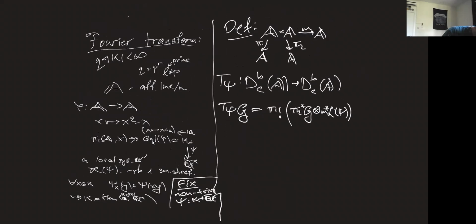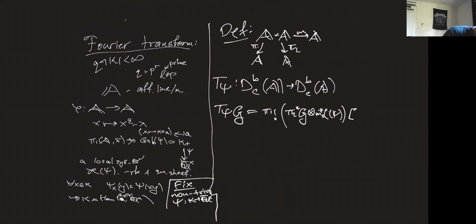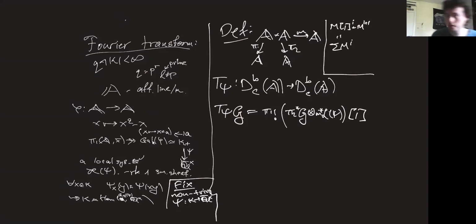Maybe let me say what I mean by shift by 1, just so there is no confusion. If I have a complex and I shift it by 1, then the thing in degree i is the original thing in degree i plus 1, which is the same thing as what Shaul denoted by suspension. Okay.